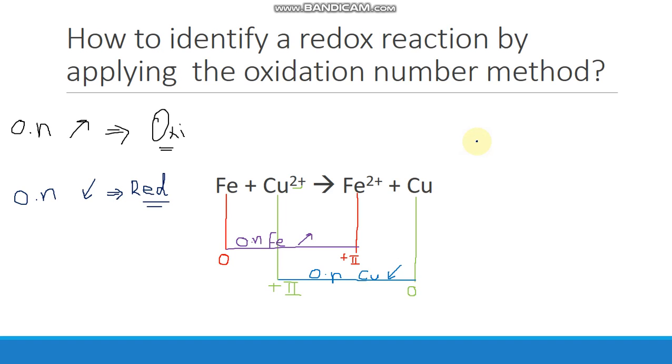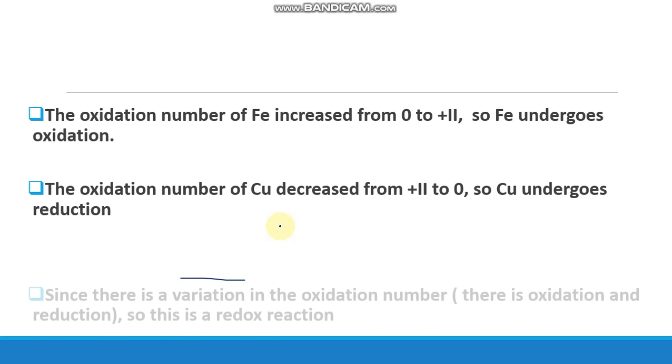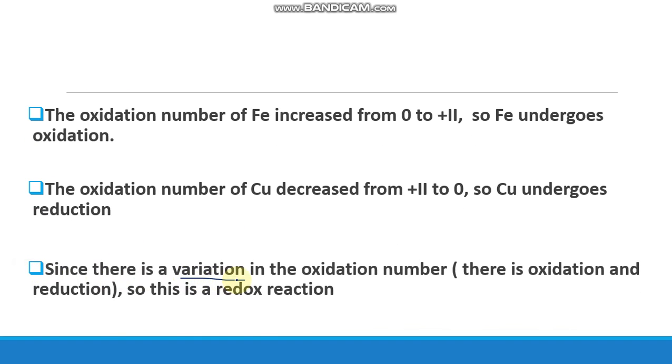Again, of course, after calculating the oxidation number of each element found. Okay, so since there is a variation in the oxidation number, there is oxidation and reduction. So this reaction is called a redox reaction.